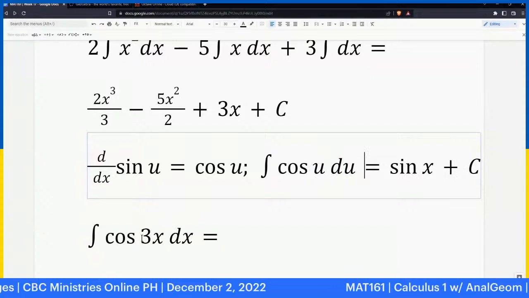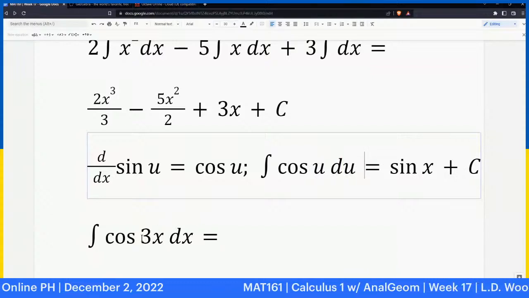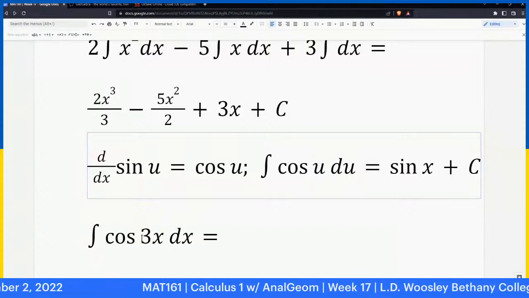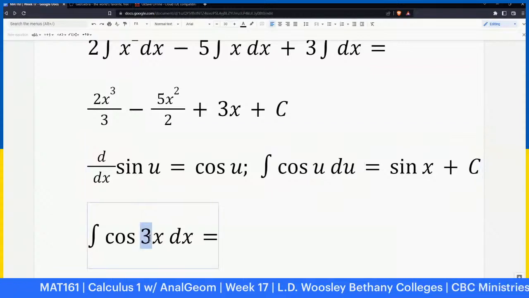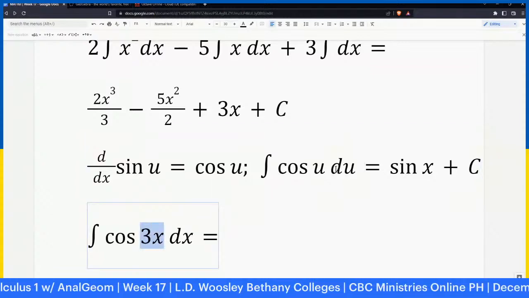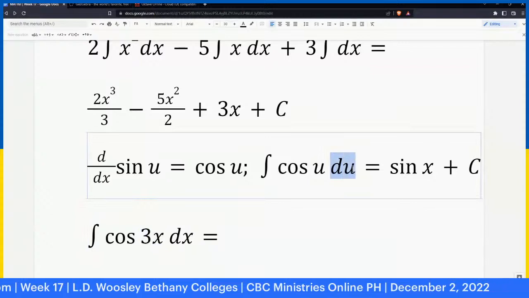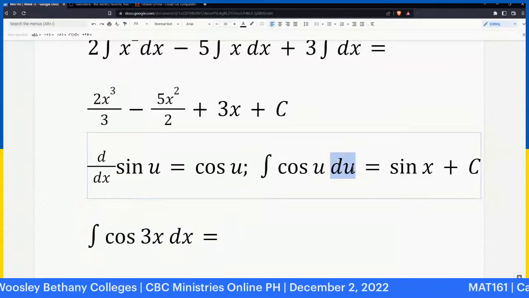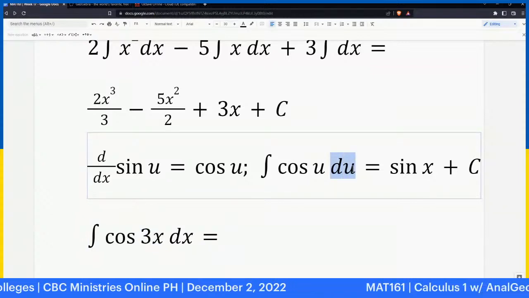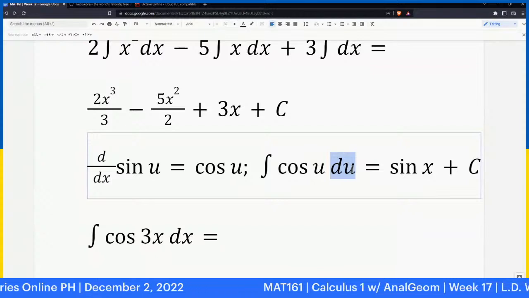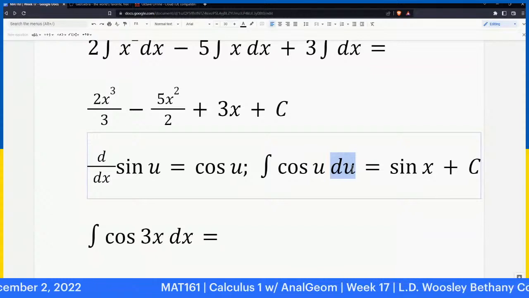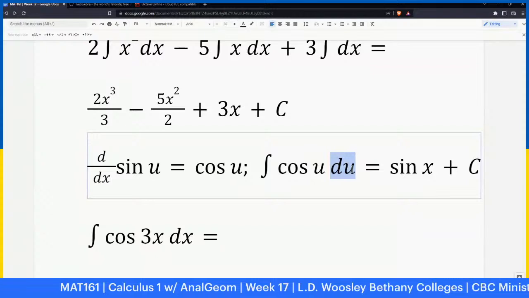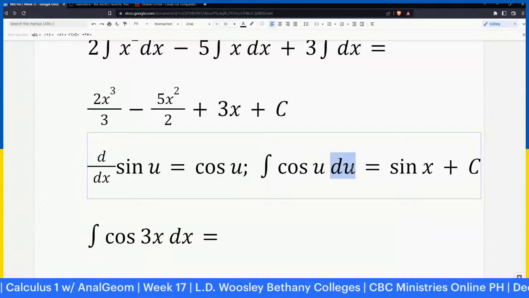Okay, your u is obviously 3x. Banji and Nora, your u is 3x. Therefore, what is du? Your du is 3dx. Tama ba, Nora? Kung ang u mo ay 3x, ang du ay 3dx.